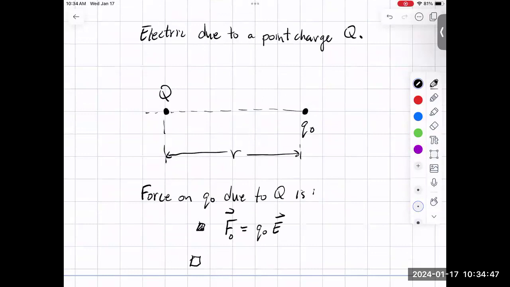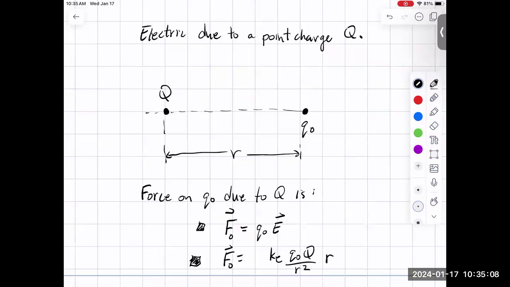And the second way is to use Coulomb's law, which says that the force on Q0 is going to be Coulomb's constant times Q0 times capital Q, the product of the charges, divided by the square of the distance between them.